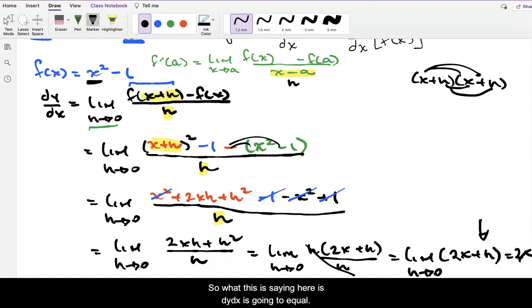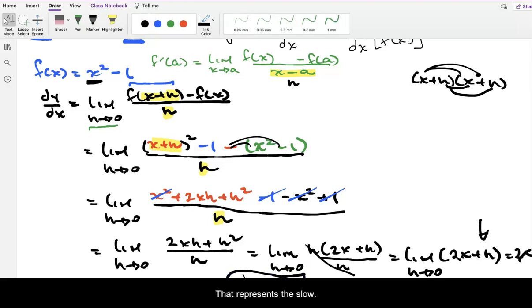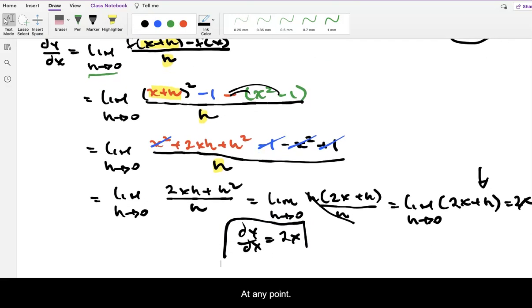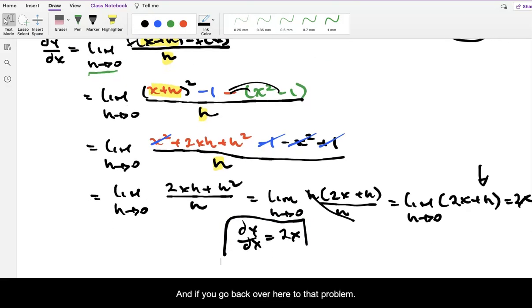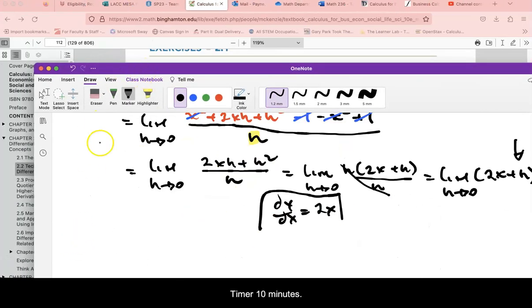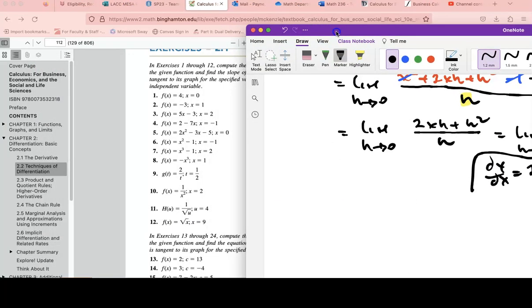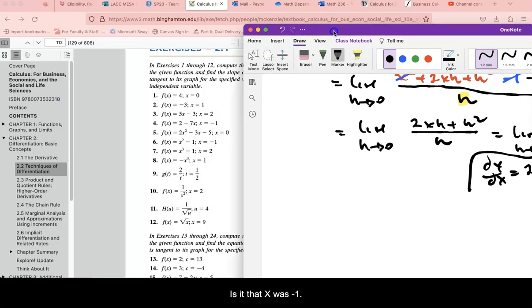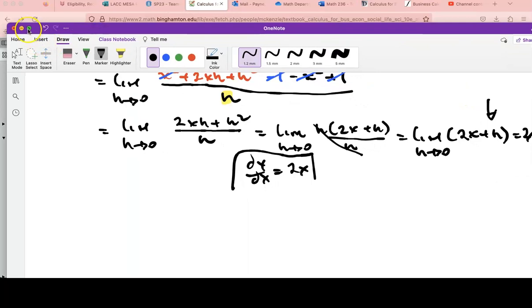So what this is saying here is dy dx is going to equal 2x. That represents the slope at any point. And if you go back over here to that problem, it said that x was -1.